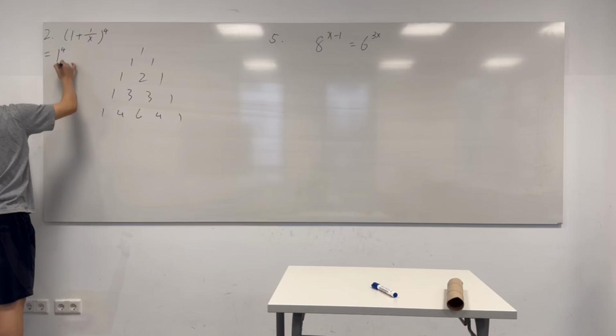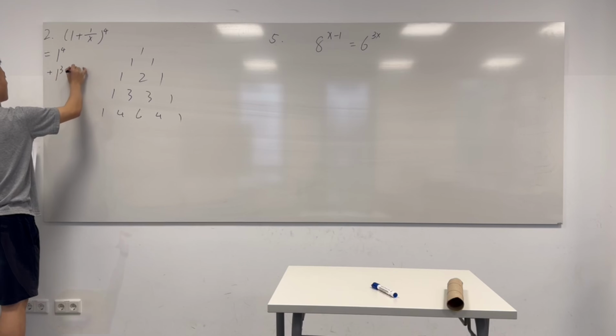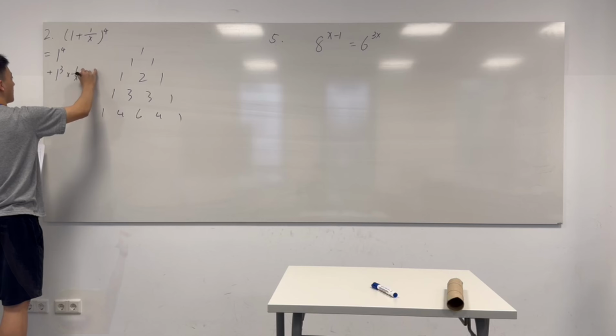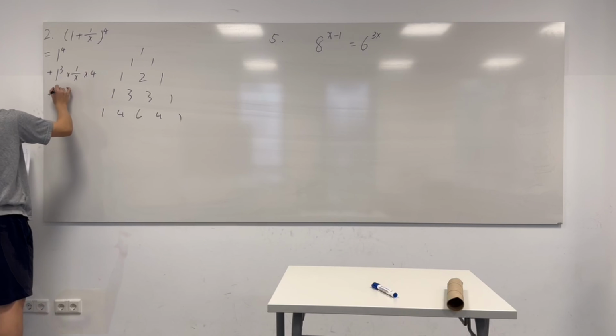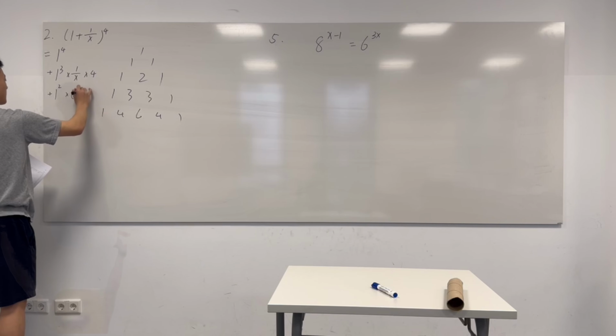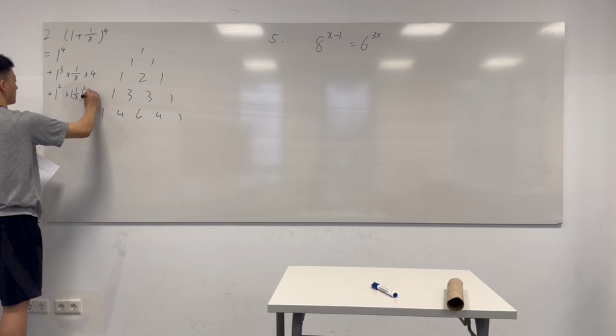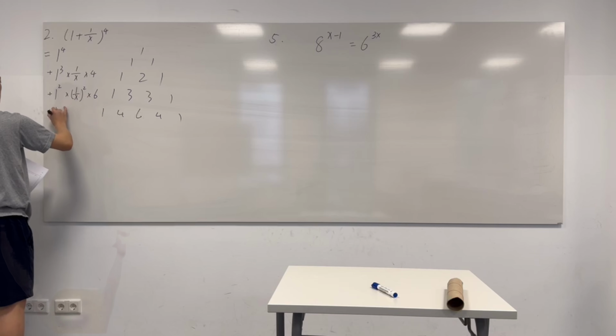We get 1 to the power of 4 plus 1 to the power of 3 times 1 over x times 4 plus 1 to the power of 2 times 1 over x to the power of 2 times 6. Then continue.